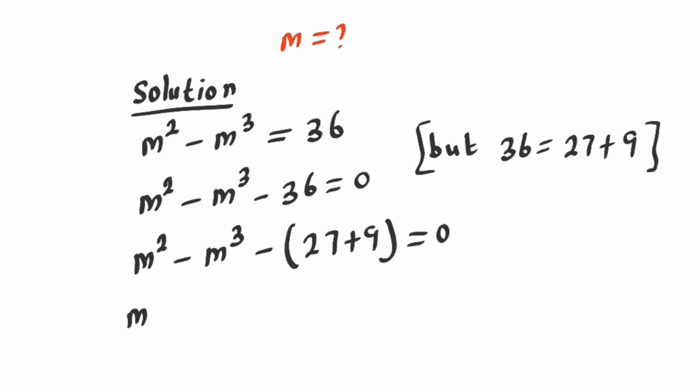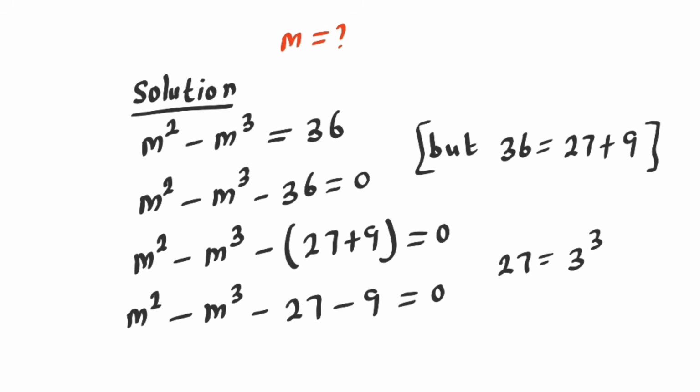This is m squared minus m raised to power 3. Let's open the bracket with this negative sign. We have minus 27 minus 9 is equal to 0. 27 is equal to 3 raised to power 3. Then 9 is equal to 3 square.